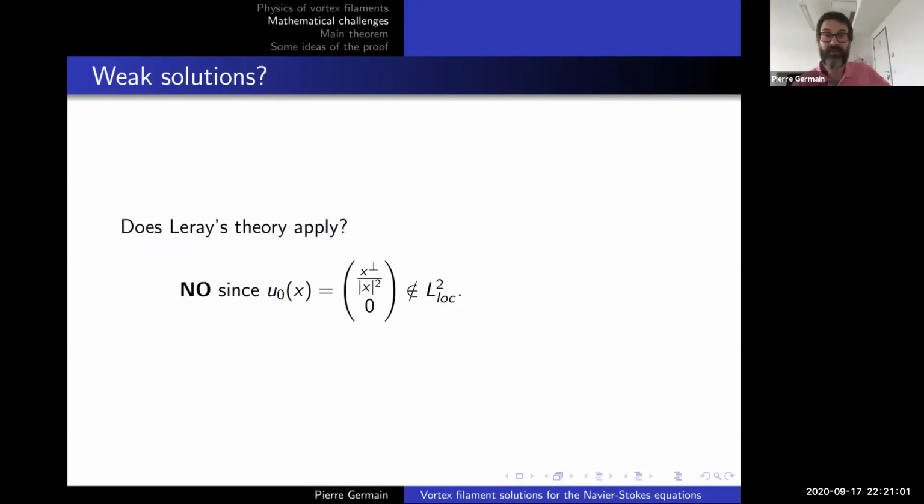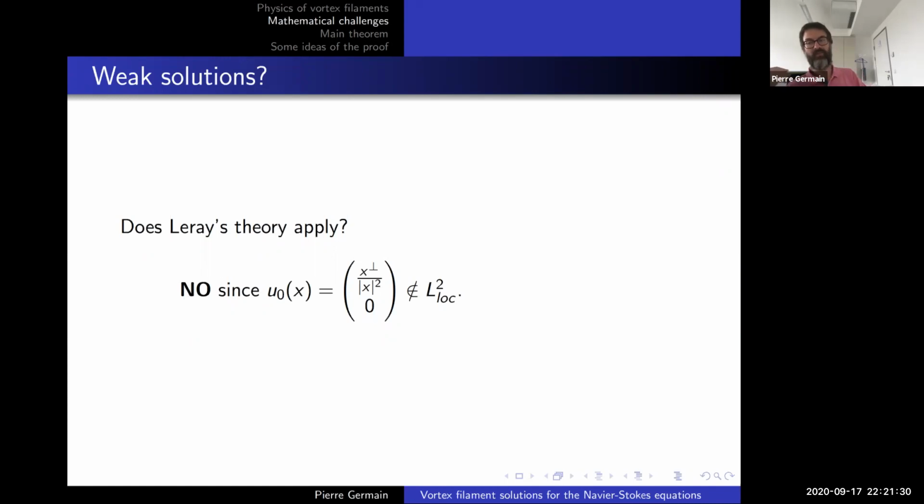Well, the answer is no, because as we know, Leray's theory deals with finite energy solutions, which is to say solutions whose velocity is square integrable. And if you think of the Lamb-Oseen vortex, remember that u0 looks like x perp over x squared, which is not square integrable in dimension 2.